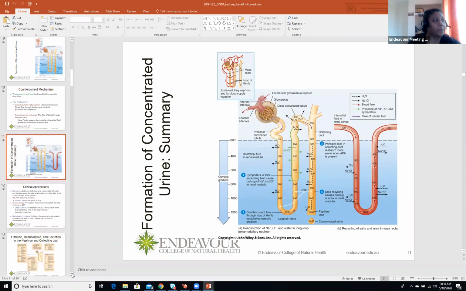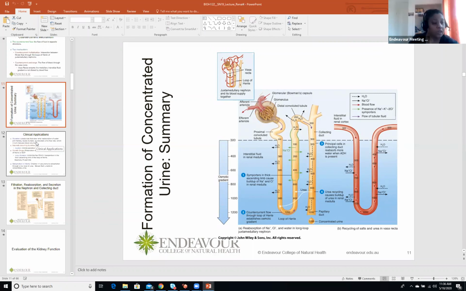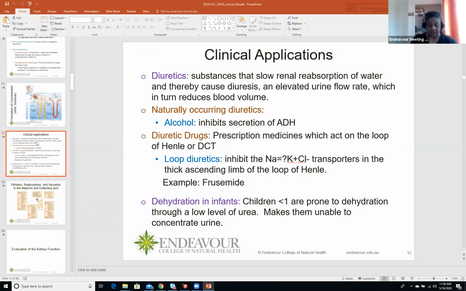So that helps us to concentrate the urine. Now, why is this important? This is where the clinical application comes in. Also in your lab, a couple of scenarios are around this concept of what happens when you take diuretics, or alcohol, or have too much salt in your diet. Understanding these mechanisms is important because drugs like diuretics alter them. Diuretics increase urine formation.